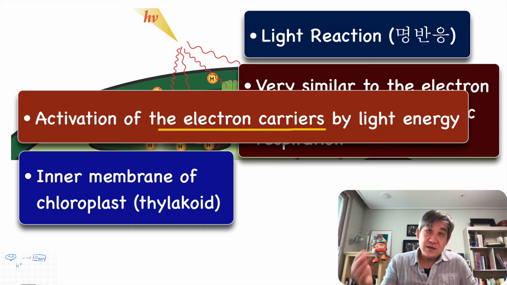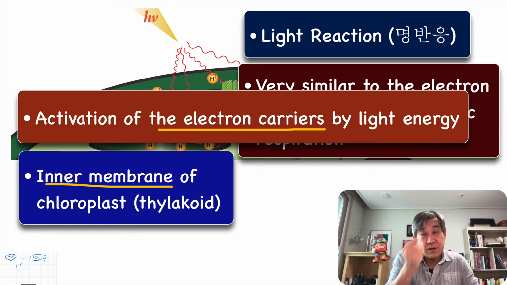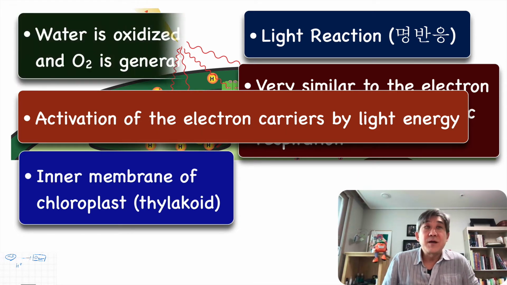And the place of this reaction, the inner membrane, is very reminiscent of the final stage of aerobic respiration, isn't it? So, the inner membrane of a chloroplast. The reason it takes place in the inner membrane is the same: the enzymes performing these electron transfers are embedded in the inner membrane of the chloroplast.